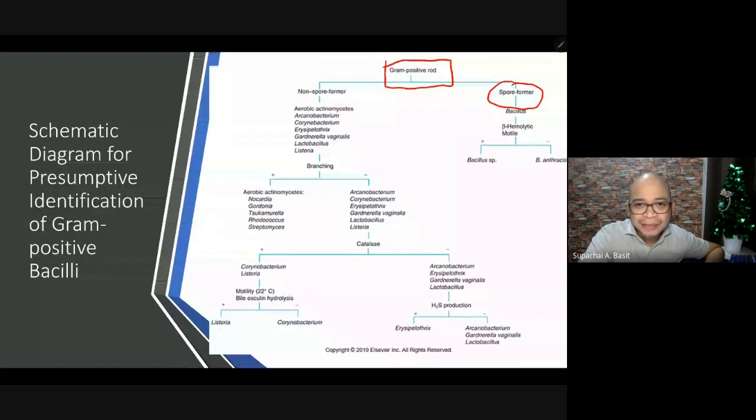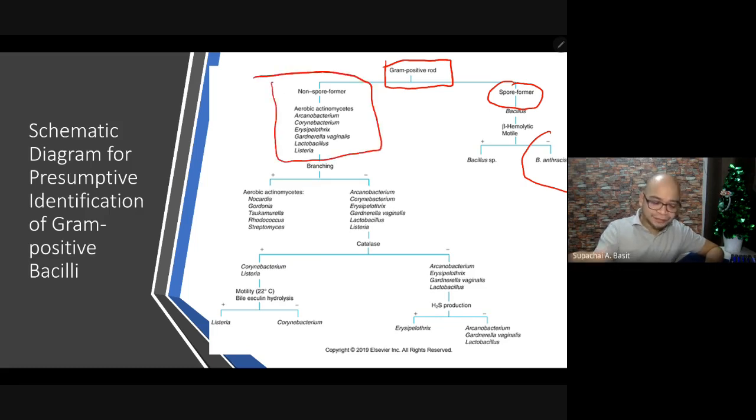Bacillus may be categorized as beta hemolytic and non-beta hemolytic. Remember that all Bacillus are beta hemolytic except for Bacillus anthracis. Those that are non-spore former are categorized whether they are branching or non-branching. These are examples of branching.